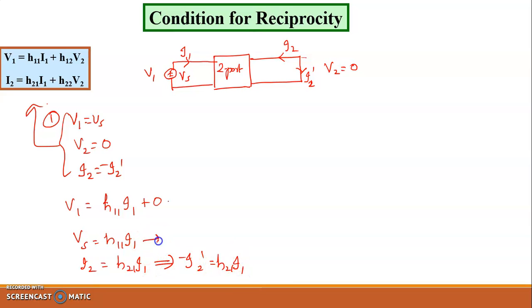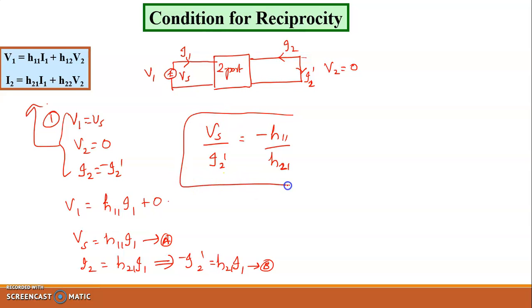Let the first be equation A and this be equation B. From A and B, I can find the ratio Vs by I2 dash is equal to minus H11 by H21. So the ratio of excitation to response, when connecting the excitation at the input port, is Vs by I2 dash equal to minus H11 by H21.